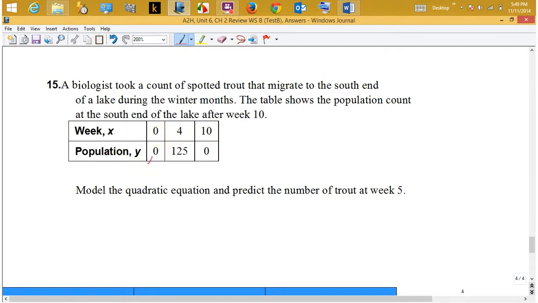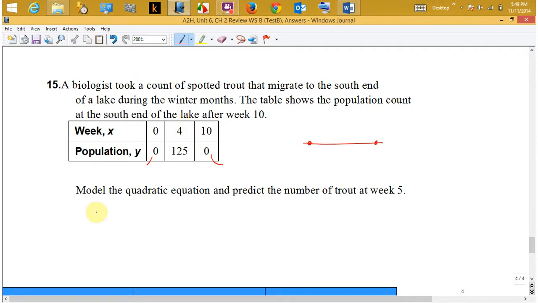Look at this. I have 2 y values that are 0. So what that tells me is that I have the places where this thing is going to cross the x-axis. It's going to cross the x-axis at 0, 0 and 10, 0 out here. So those are my x-intercepts, so I could use intercept form. Then I have another point on there.